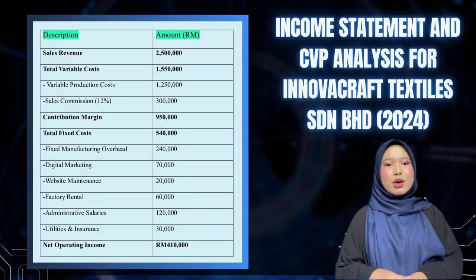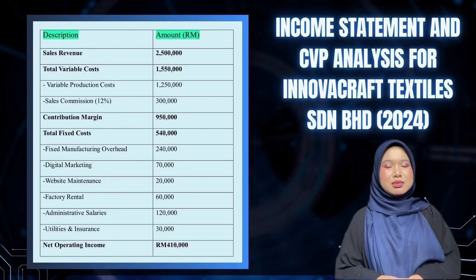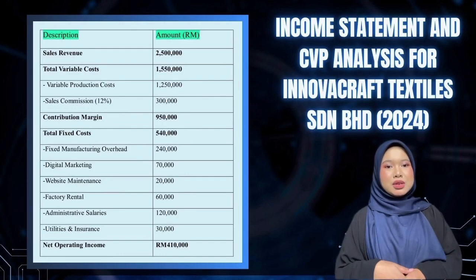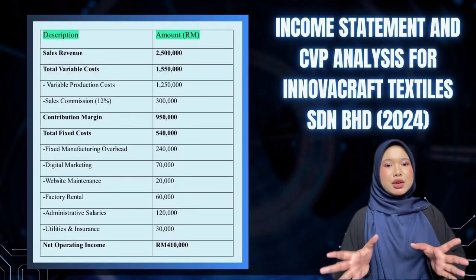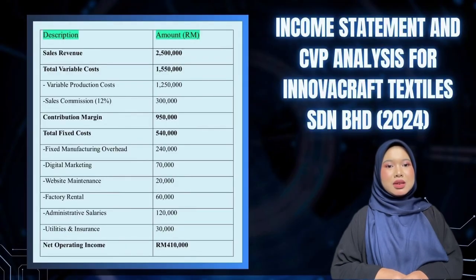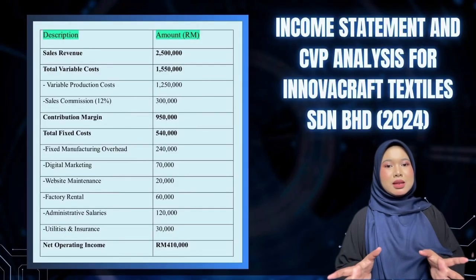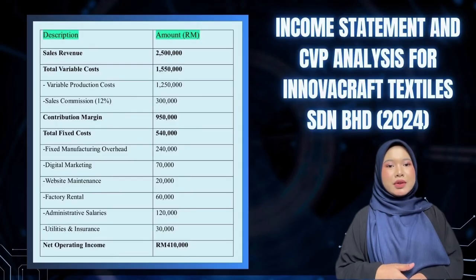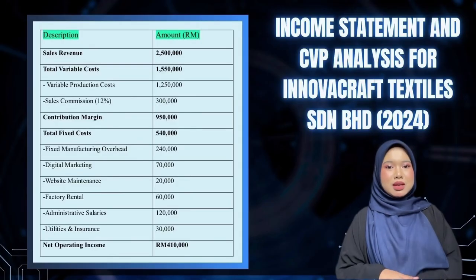That leaves us with a contribution margin of 915,000 ringgit. Next, we deduct total fixed cost of 514,000 ringgit, which included factory rental, administrative salaries, digital marketing, and others. So, the net operating profit is 410,000 ringgit.